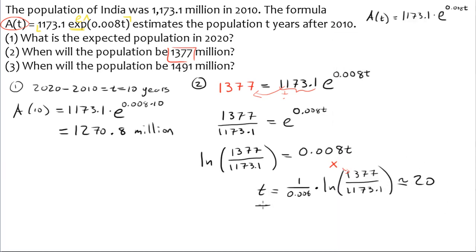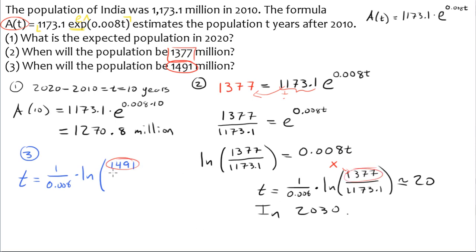So that means, when will it be? In 2010 plus 20 years, 2030. So then let's go over here. For number 3, t will be equal to 1 over that same factor, the natural log of, in this case, what's changing is that top number, 1491, over the same initial starting population.